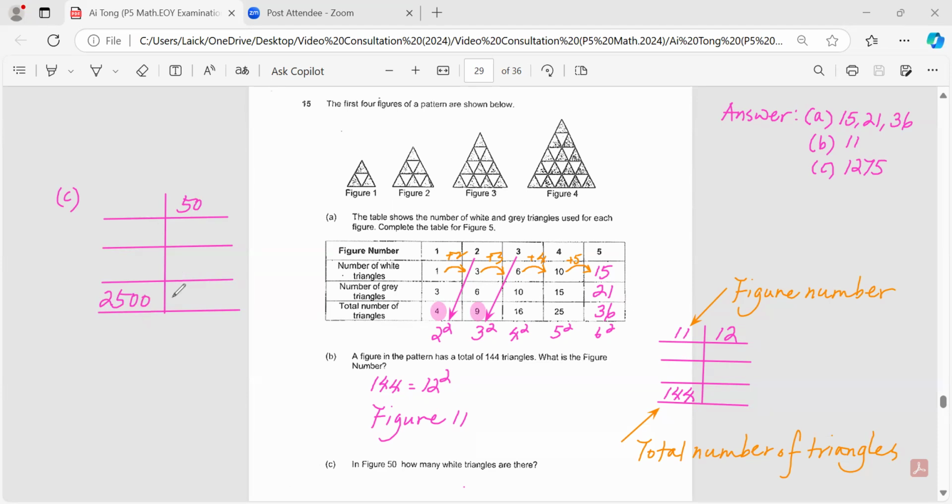To get to the total number of triangles for figure 50, I will take 51 squared, which will give me 2601. So for now, we just put it as 2601.